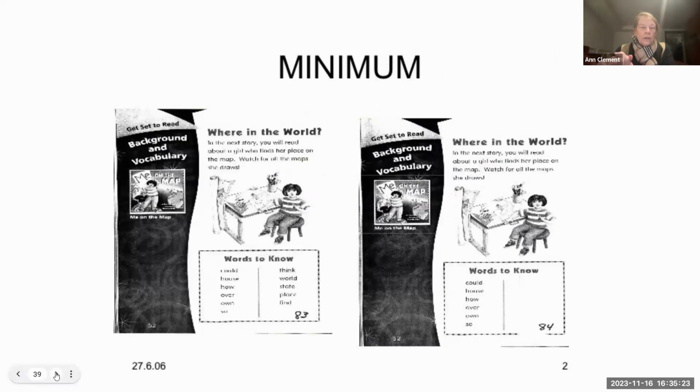The subject is where in the world is something, and they have these vocabulary words down here. Well, for this child, on the right hand of your screen, I only gave 5 or 6 of the words. I crossed out the others because they didn't need to do that many words. I wanted them to learn the 5 or 6 words well before they did the others.